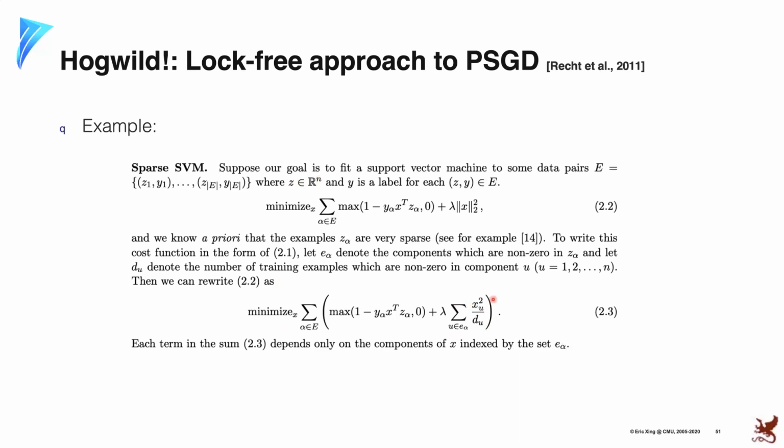So instead of looking at all the dimensions of x, we're only going to interact with a subset of these parameters x. In this way, each of the terms in this sum depends only on the components of x indexed by the subset e alpha, indexed by this u.